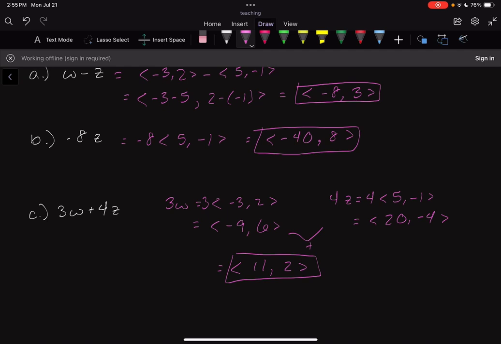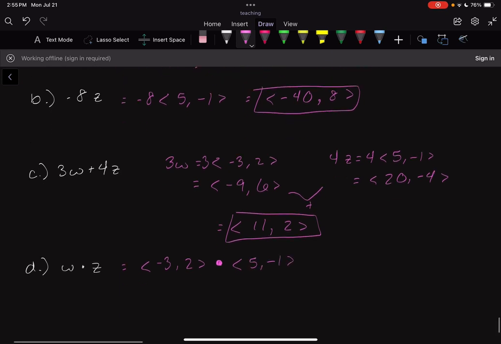And then part D, I want to do a dot product one. So this one is W times Z. W was negative 3, 2 times Z, which is 5, negative 1. Be careful here.